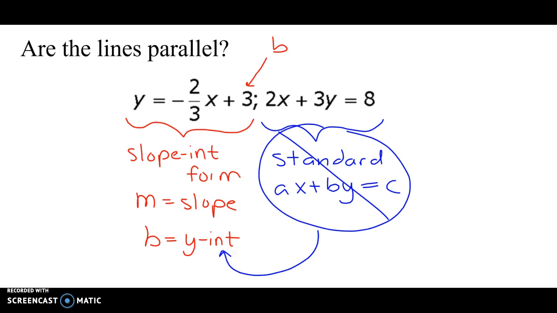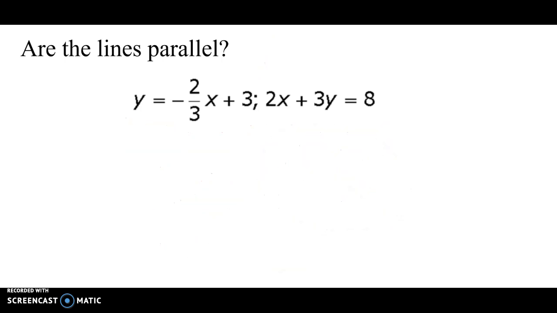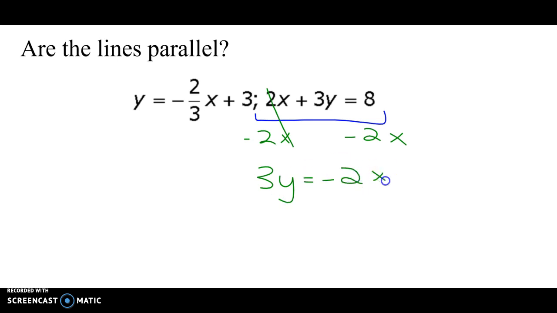So I'm going to keep the first equation as it is, but we need to solve this one right here for y and turn it into y equals mx plus b. So first things first, undo your adding and subtracting. So I'm going to subtract 2x over to the right, which leaves me with 3y equals -2x plus 8. We usually write the x before the 8, y equals mx plus b.